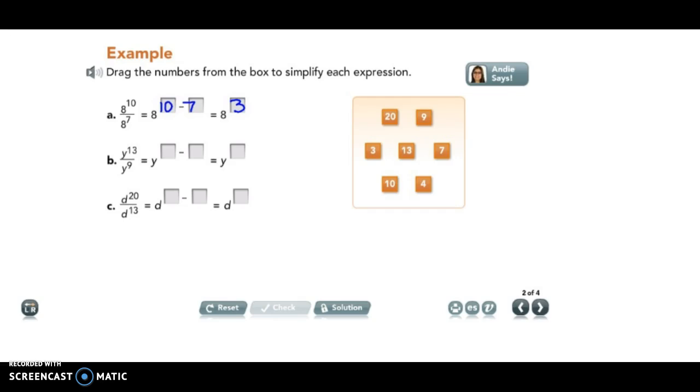For the second one, we have y to the 13th over y to the 9th, so we're dividing them. So we're going to take 13 minus 9, and we're going to keep our y, so we have y to the 4th. On our last one, we have d to the 20th divided by d to the 13th. So I'm going to do 20 minus 13, and that's d to the 7th.